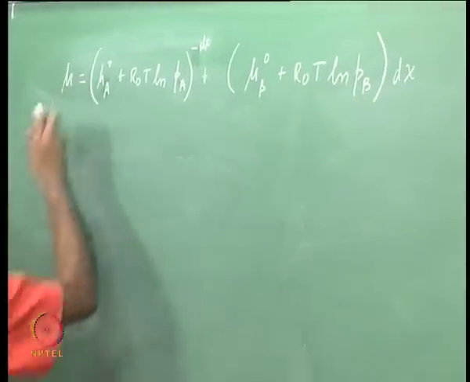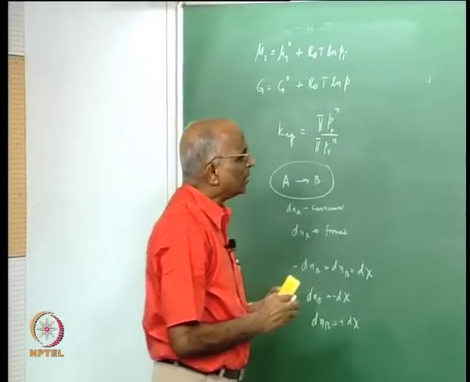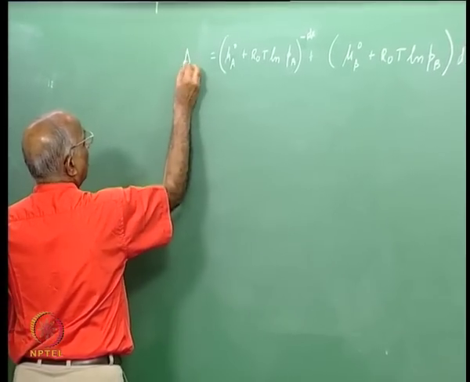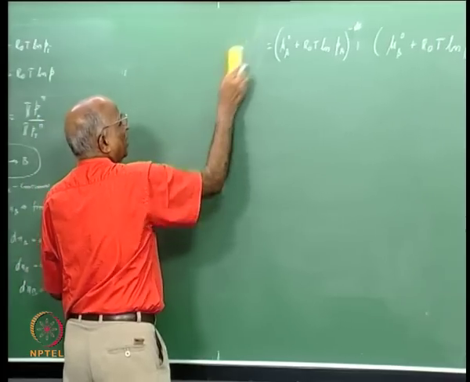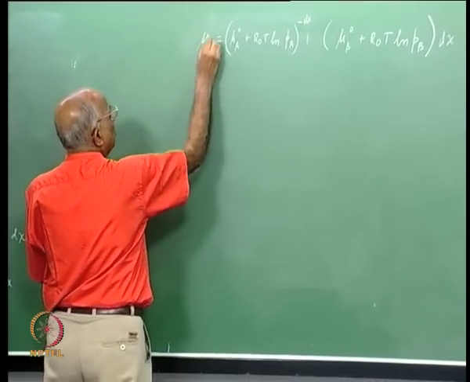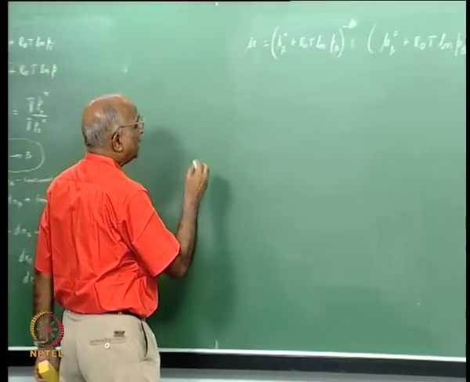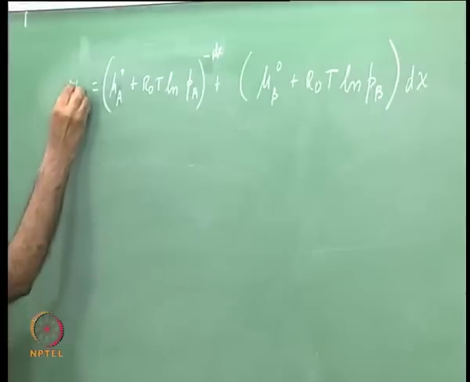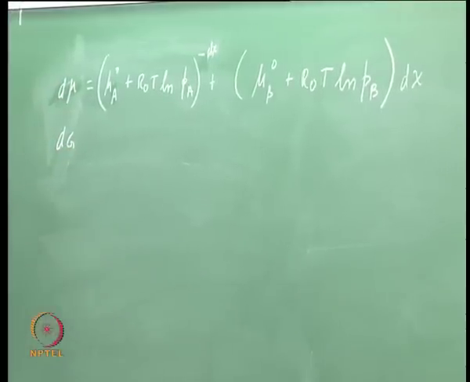That is the net change in chemical potential, or rather the change in the Gibbs free energy. Let us just say the mu I can write in this particular form, and this is the change d mu, which is the same as the change in Gibbs free energy dG.